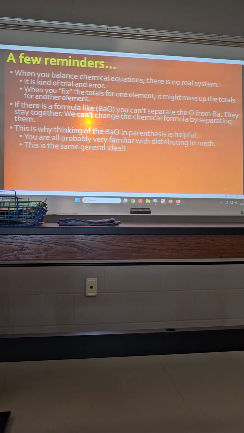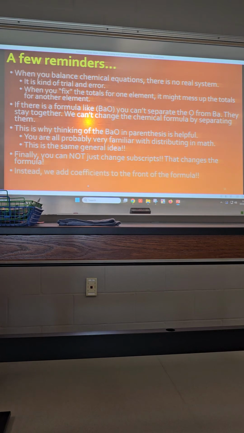It's the same general idea. Distribute that coefficient to every term or element in that compound. And again, you cannot just change subscripts. That changes the formula, and that's not okay. Those coefficients change the amount of the formula, but it does not change the formula itself.